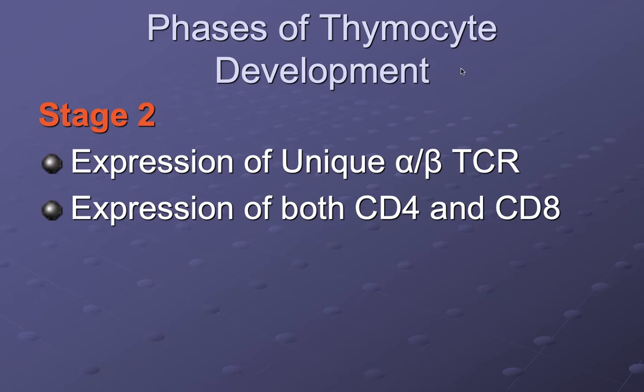In addition, there is the expression of our cell surface molecules, CD4 and CD8, which differentiate our CTLs, or cytotoxic T cells, from our helper T cells. T cell receptors are structurally similar to your immunoglobulins, and in invertebrates, they are coded by homologous genes.